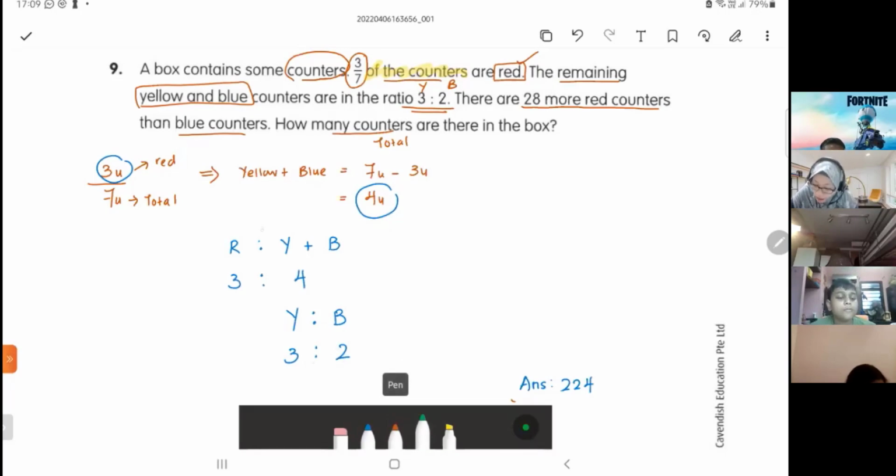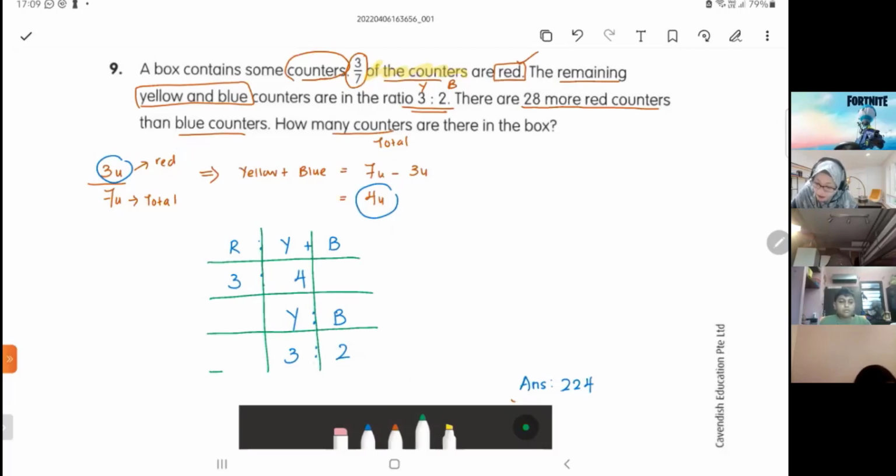Before that, we are going to group this up into a table format. Group them up, and then I have one last row down there. This is for the final one, okay? So you can see from the dots, I put them into the box.